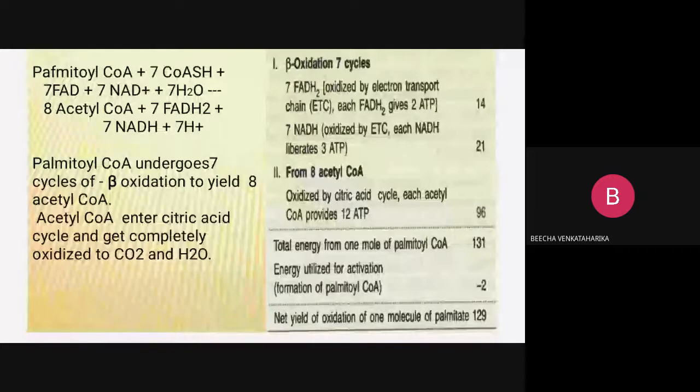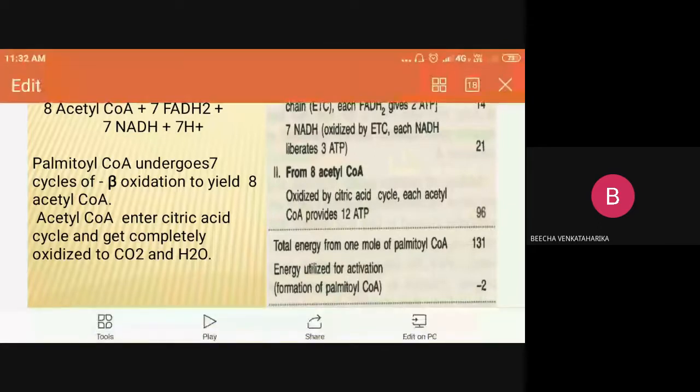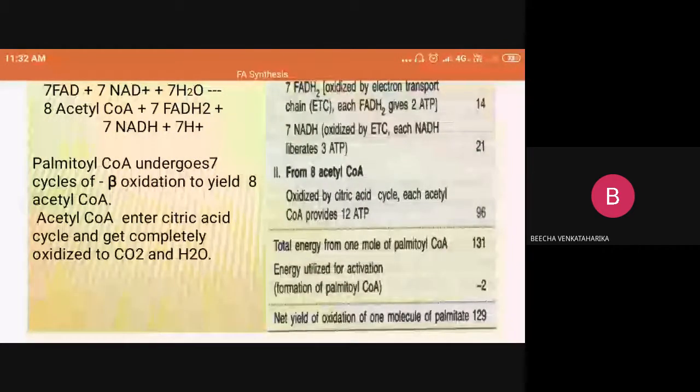129 ATPs are produced. See, whenever one glucose molecule enters the electron transport chain, that gives only 38 or 36 ATPs. But when one fat molecule or palmitoyl-CoA enters for complete oxidation, it gives 129 ATPs.